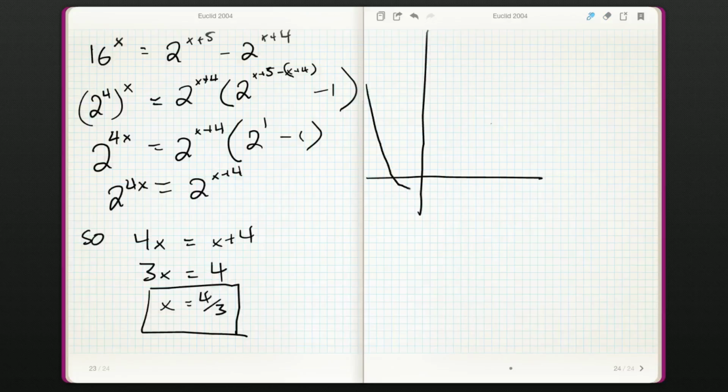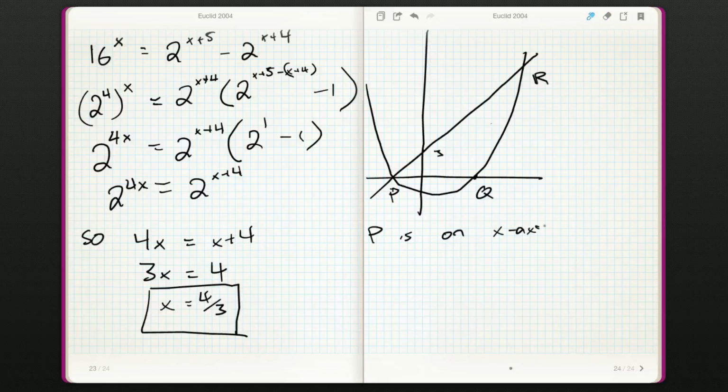So our parabola sort of swoops down, and then goes up. And then this line definitely goes through P. I guess this is 3 here, although I don't know if I'm going to use that. Q and P. So I'd say something like P is on the x-axis, so has y-coordinate equal to 0.